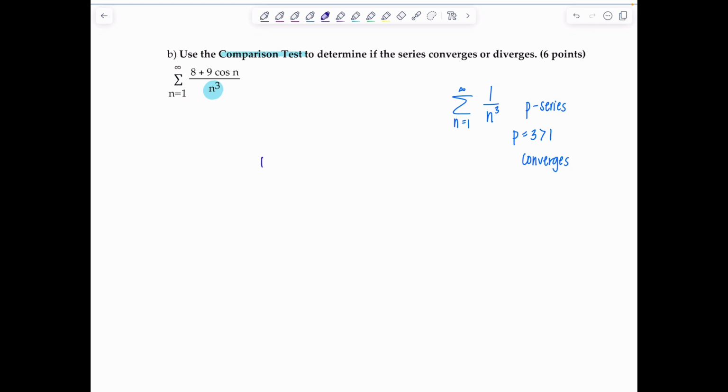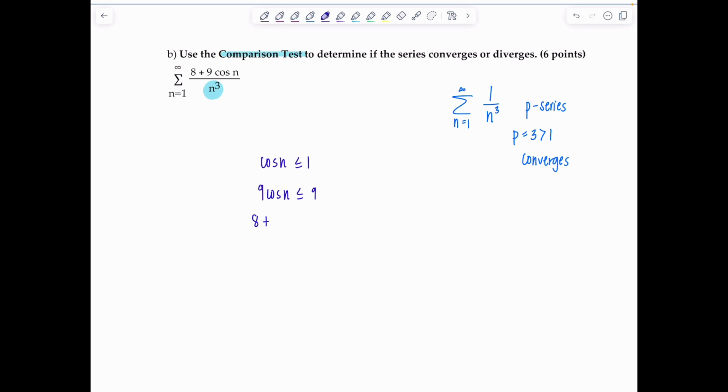Well, I do know that cosine of n is always less than or equal to 1. It's between -1 and 1, right? But I don't need to bound it. I'm not doing a squeeze theorem. I'm just doing comparison test. I need to show that these terms are smaller than the terms of some other series. So that means 9 cosine n is less than or equal to 9, if I just multiply both sides by 9.